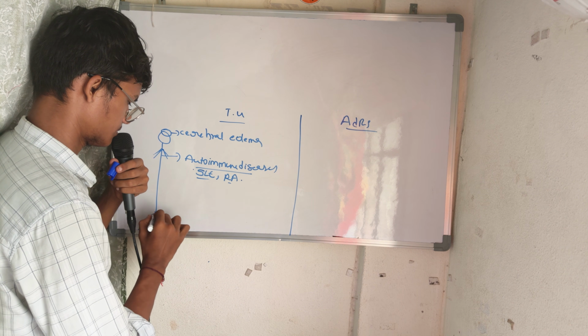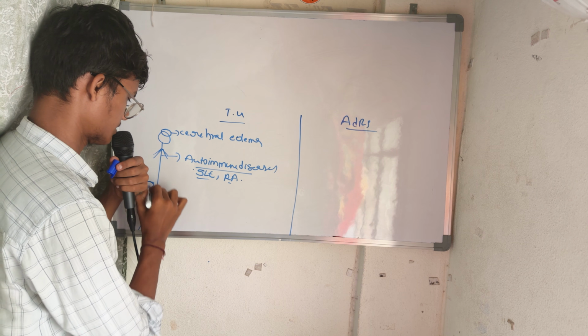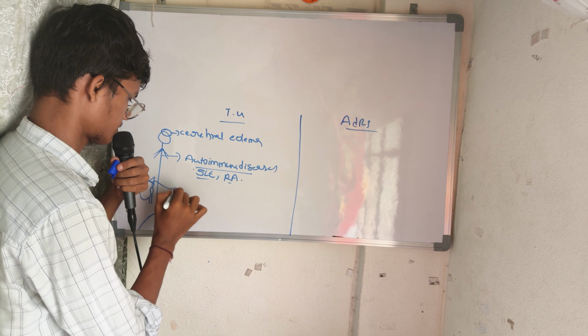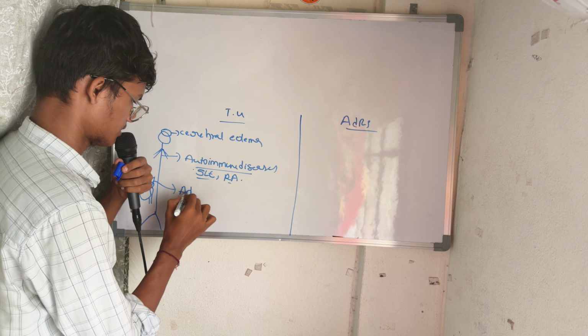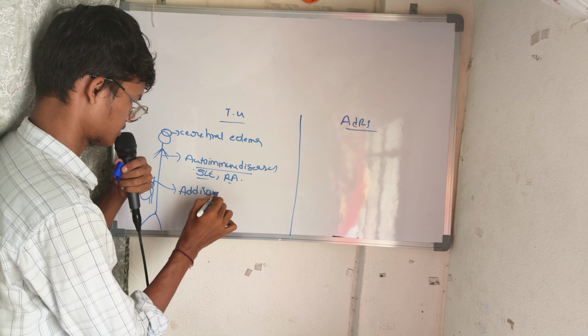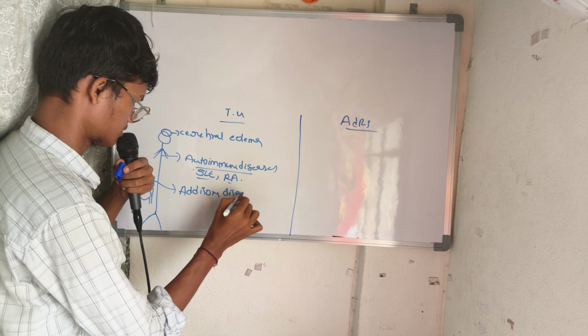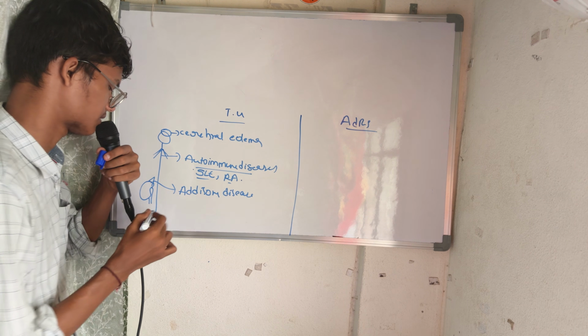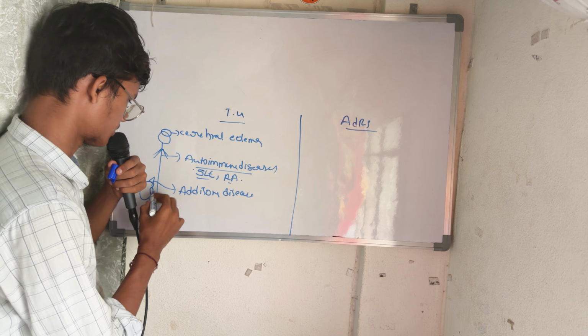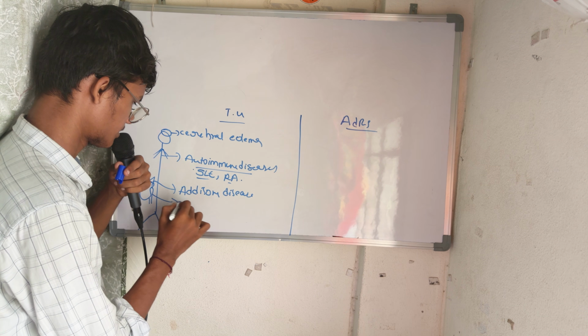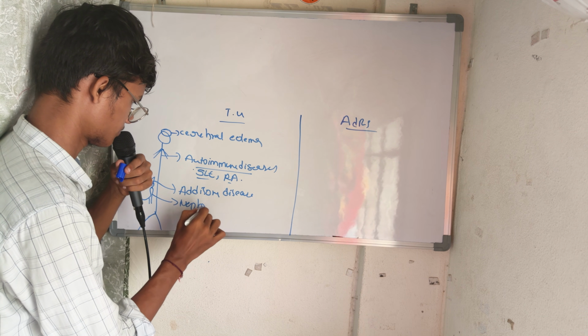And you can take Addison's disease, where the adrenal gland cannot produce enough cortisol, and then we can take nephrotic syndrome.